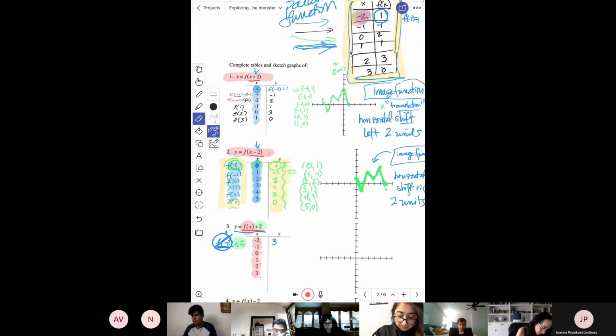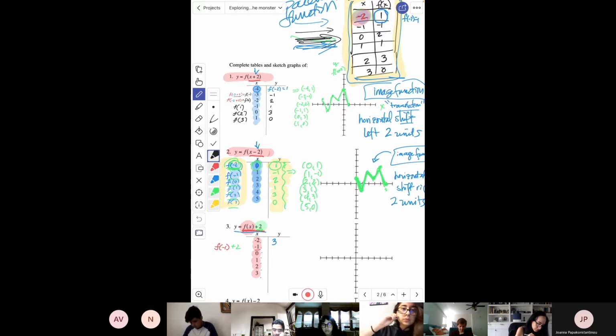So in this next one, transformation is super important. If I take f of x, it's saying evaluate the function at -1 and then add 2 to that output. So what is the original function evaluated at -1? If I go back to the original function, what is the output when the input is -1?